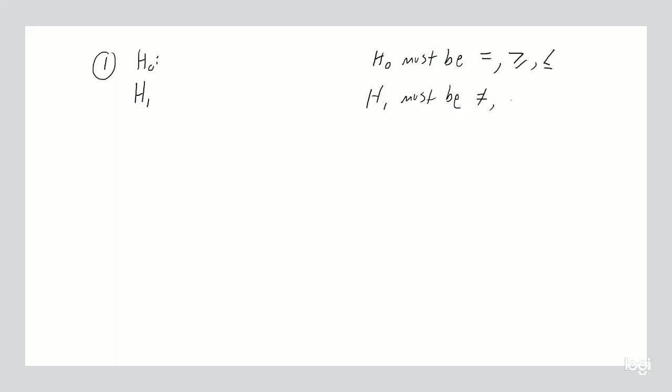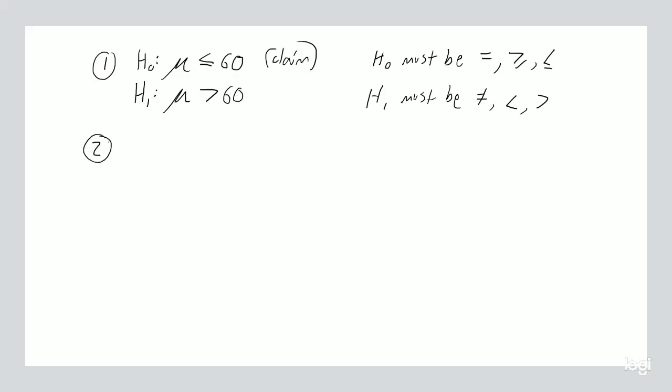Either not equal to, or strictly less than, or strictly greater than. Whatever would reject the null hypothesis. So in our case, the pizza shop is saying that the population mean is less than or equal to 60 minutes. That's their claim. Which means the alternative hypothesis must be that it's more than 60 minutes. And that's it. That's step 1.